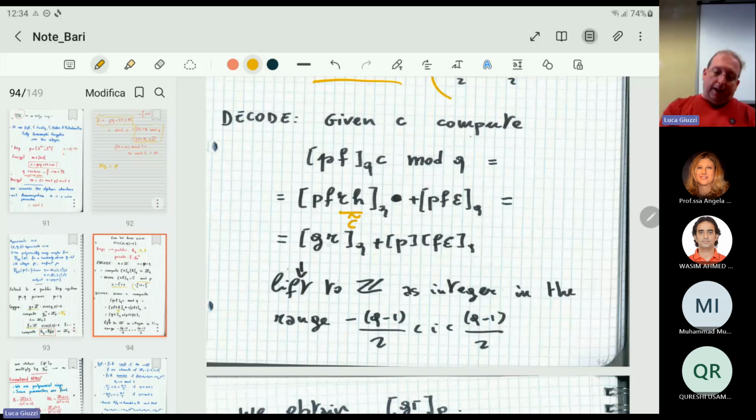But the first part is G times R modulus Q. The second part is P times F epsilon modulus Q.